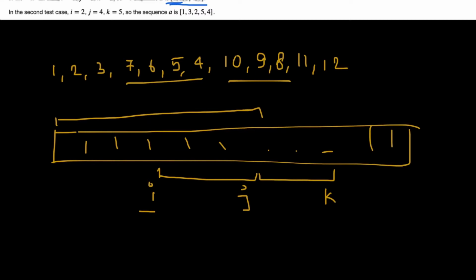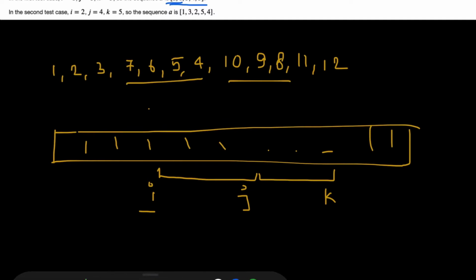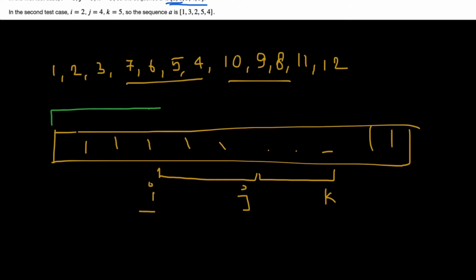If it has inversions, that means I will be somewhere within this, so I will again reduce my search space and search a smaller portion. Let's say this time I search a smaller portion. Then again if I see that there are inversions, I will understand that the reversed subsequence started somewhere from before already.